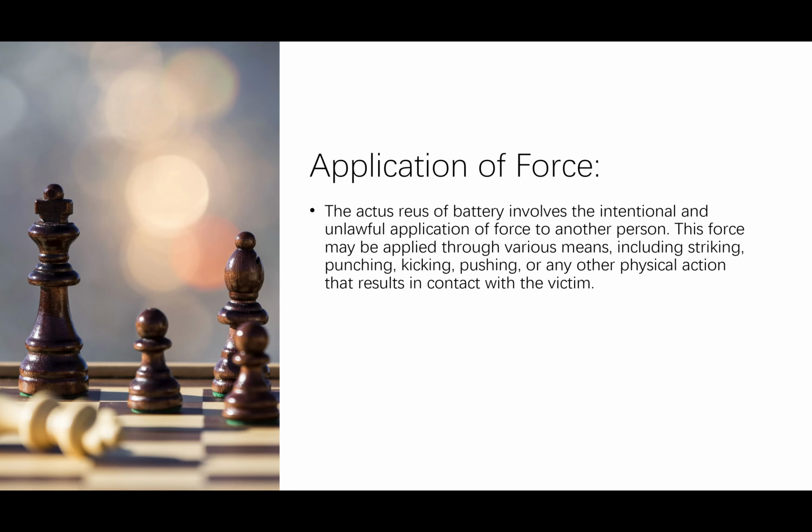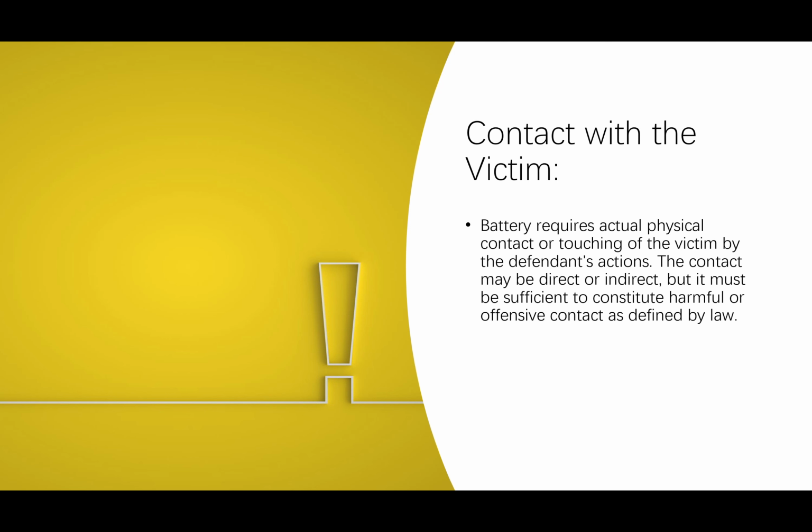There are different elements of the actus reus, the application of force. So the actus reus of battery involves the intentional or unlawful application of force to another person. So this force may be applied through various means, including striking, punching, kicking, pushing, or any other physical action that will result in contact with the victim. So remember, we're talking about contact with the victim, right?